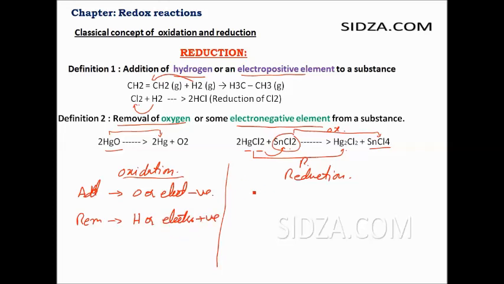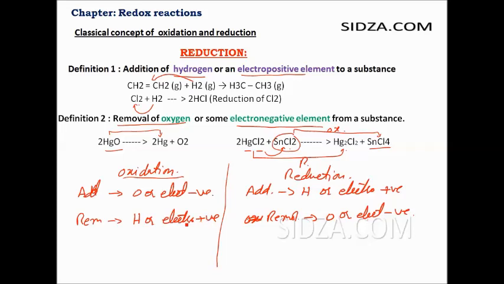And what is reduction? This is the addition of hydrogen or any electropositive element, or removal of oxygen or an electronegative element. Correct? Oxidation is addition of oxygen or any electronegative element, or removal of hydrogen or any electropositive element.